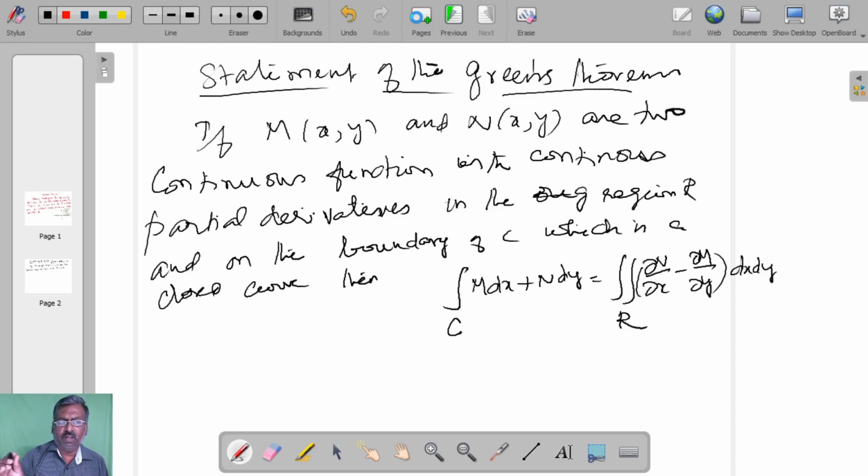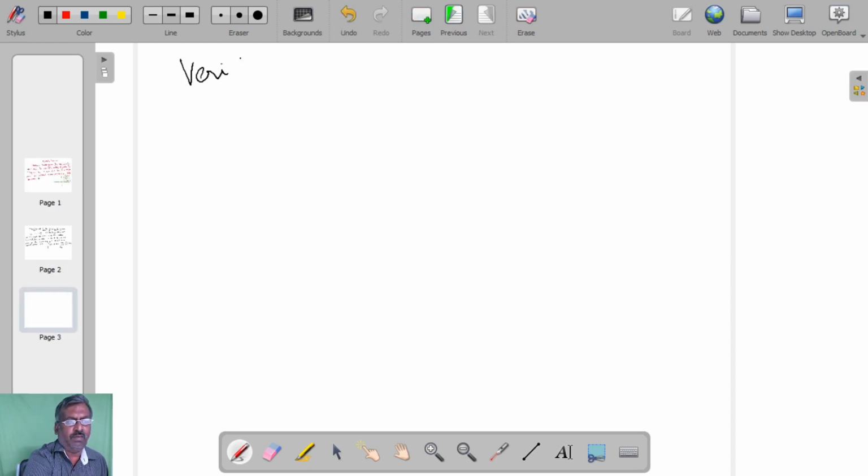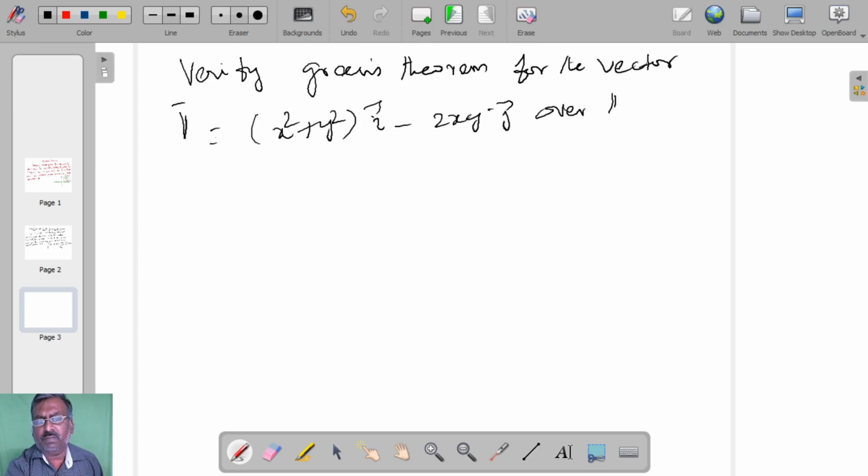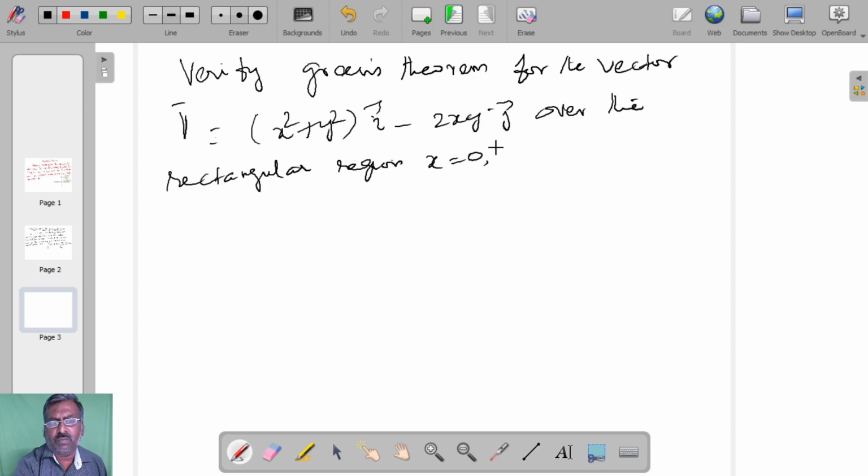Verify Green's theorem for the vector V equal to (x squared plus y squared) i minus 2xy j over the rectangular region x equal to 0, y equal to 0, x equal to a and y equal to b. Okay. Now try and find the solution.